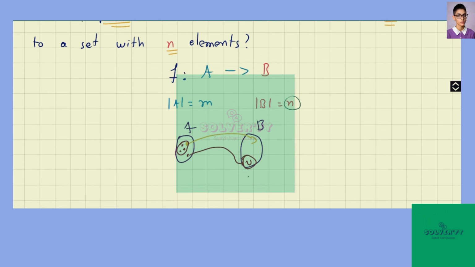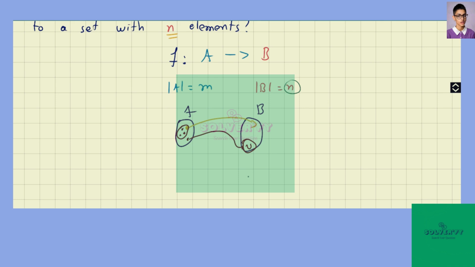So this point here that is outside of that subset is going to be mapped to an undefined value in B. So the change here is that your range can be either an element of B or an undefined element. So that means your full range of your function is going to be n plus one elements.